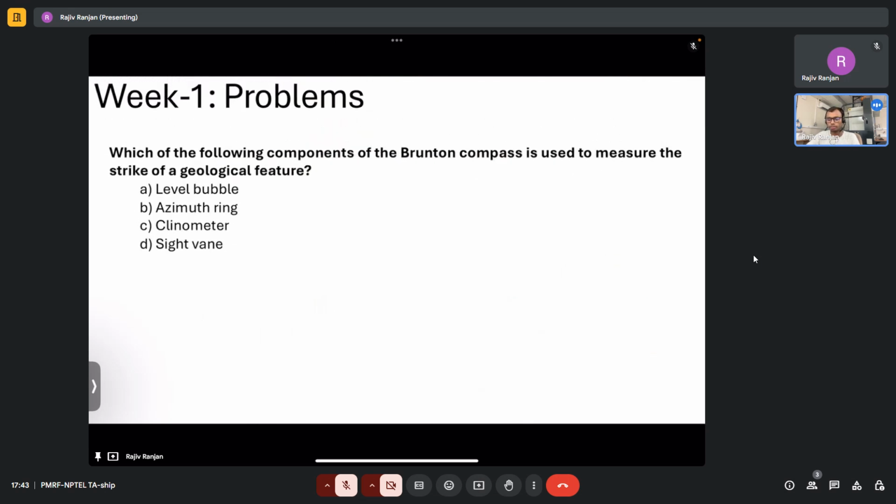It's related to Bruntons or clinometers. Which of the following components of the Brunton compass is used to measure the strike of a geological feature? So tell me which one is used to measure strike.